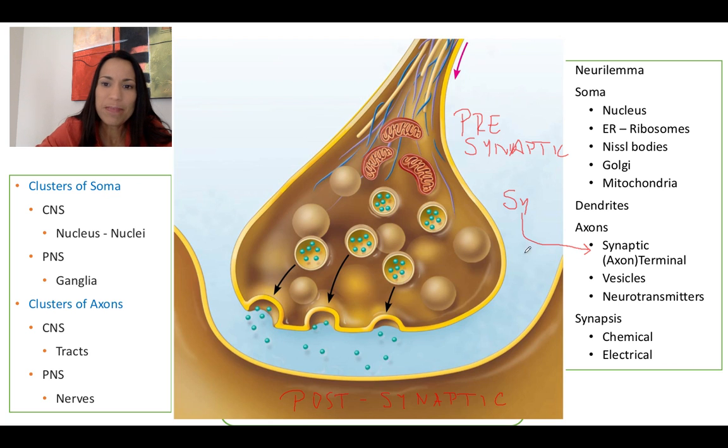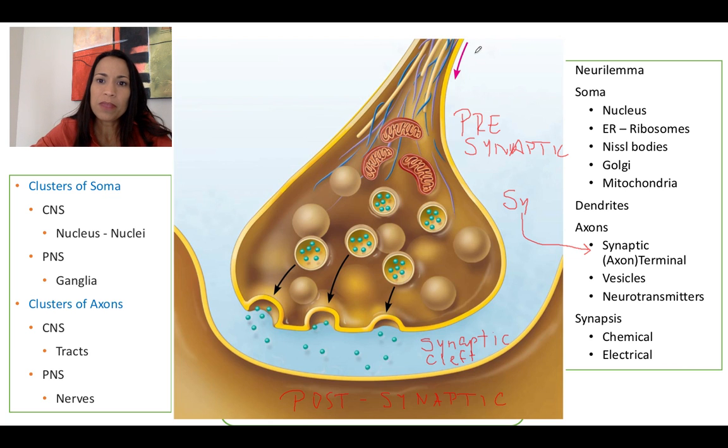Okay? And in between the presynaptic neuron and the postsynaptic neuron, there is this space that we call the synaptic cleft. Okay, so those are the three structures. They're not touching each other, at least in this type of synapse.